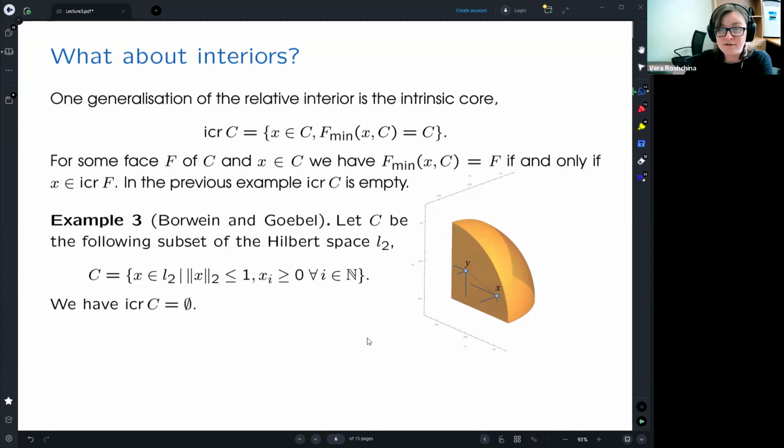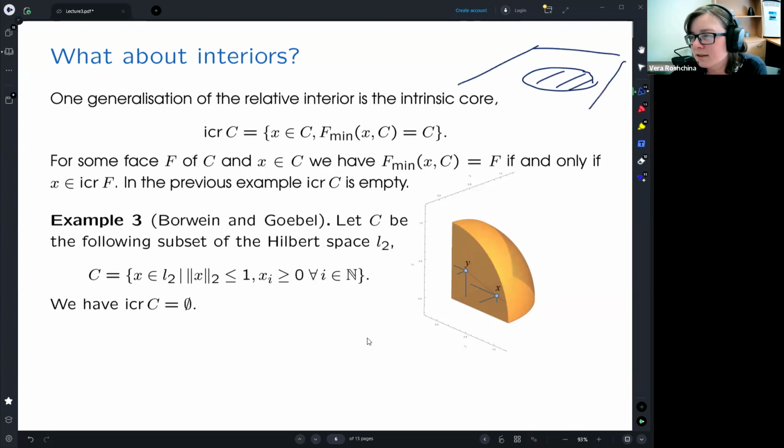I can also define the relative interior as the interior of my convex set within the smallest affine subspace that contains the set. So I take a disk, for example. It can live in three-dimensional space, whatnot. I take the smallest affine subspace that contains it, which will be a plane, and then within that plane, the relative interior will be the topological interior of that set.